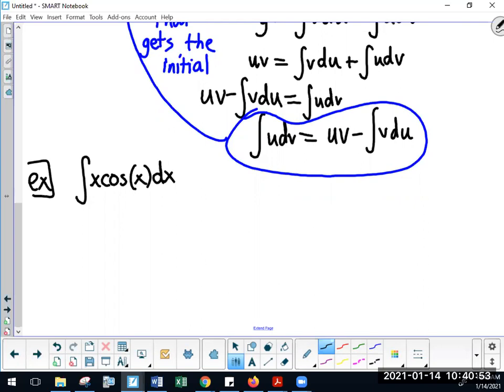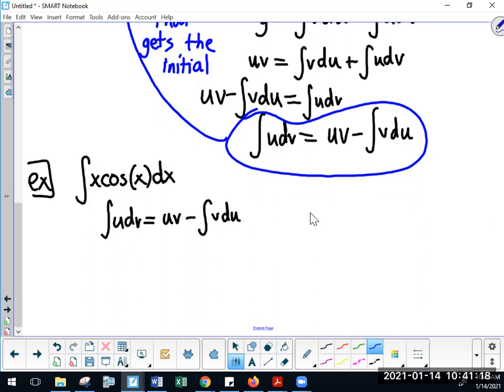So if you're memorizing a formula, regardless of the class, it is best to make your first move to always be recopying that formula. So I'm going to recopy the formula. And this is where the parts come in.